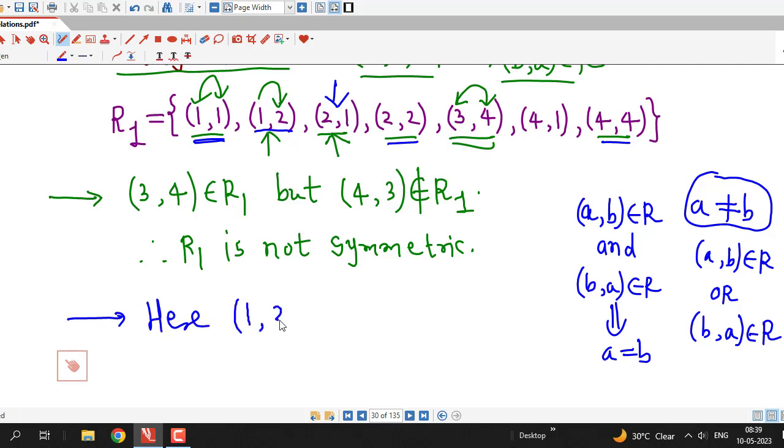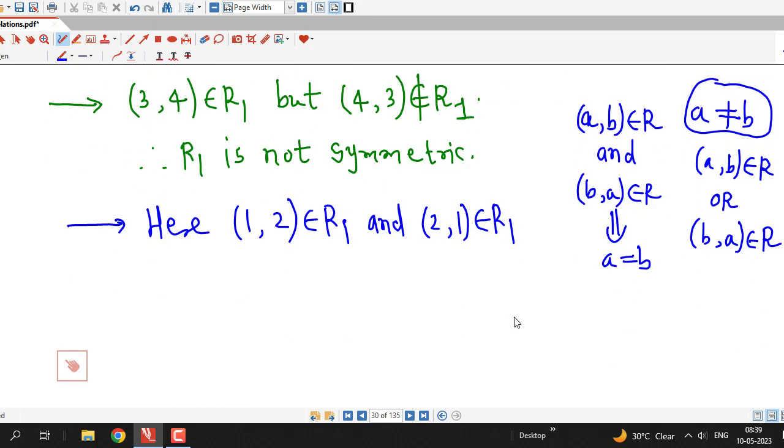We can write that here (1, 2) belongs to R1 and (2, 1) belongs to R1. So we are using this definition, and that definition says that if (A, B) and (B, A) both are in R1, then A and B must be equal, but here 1 and 2 are not equal.